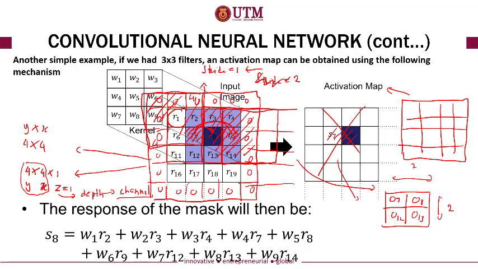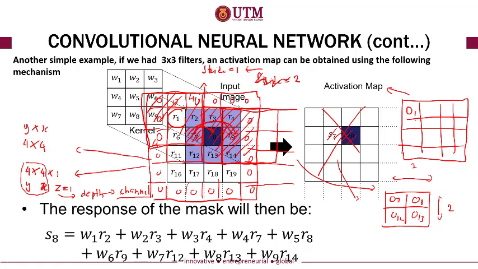If you compute the convolution between this filter and this region, you can obtain your O1 over here, because you have a bigger size.